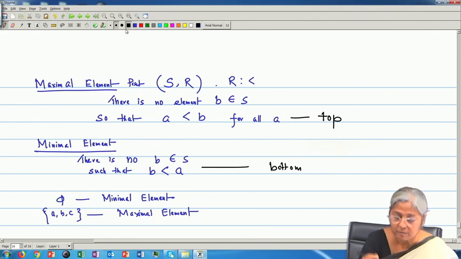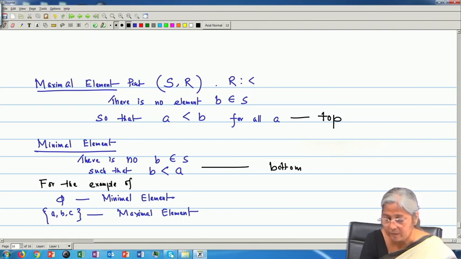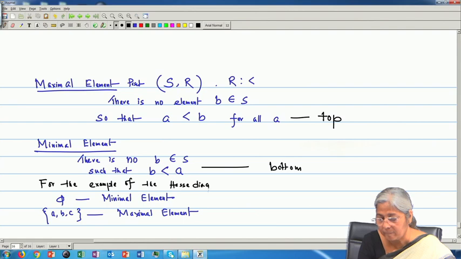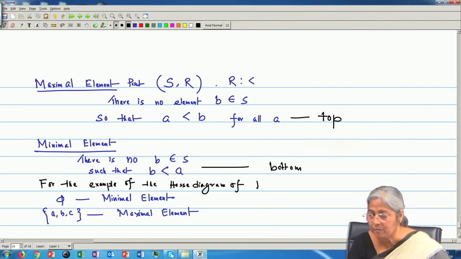This is for the example of the Hasse diagram of the power set of S.